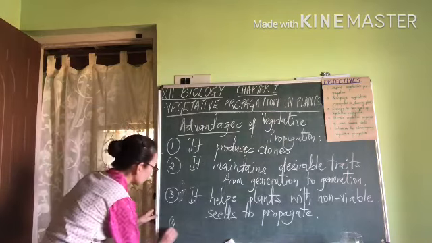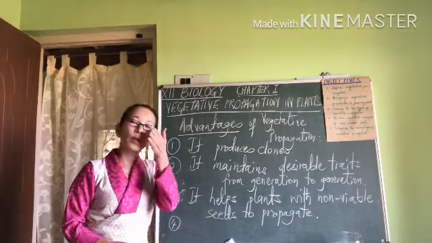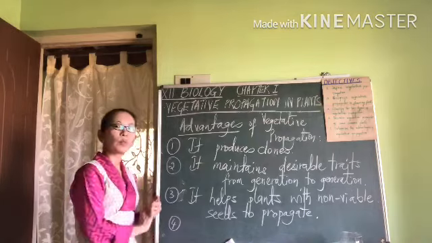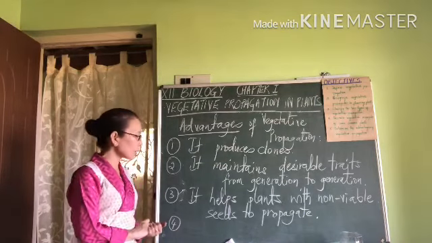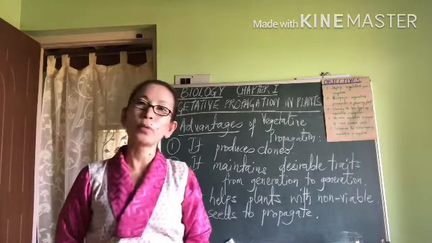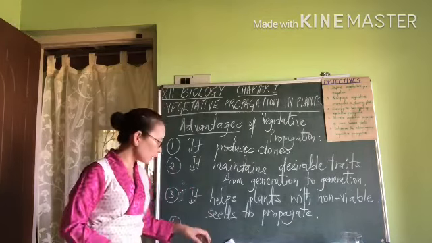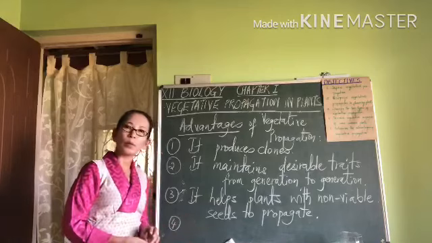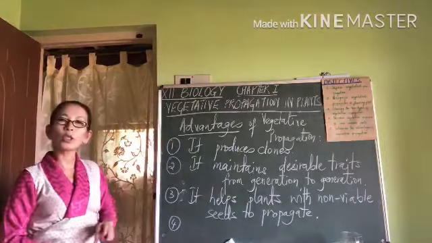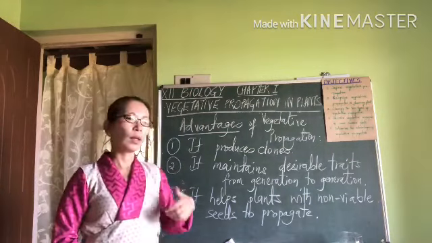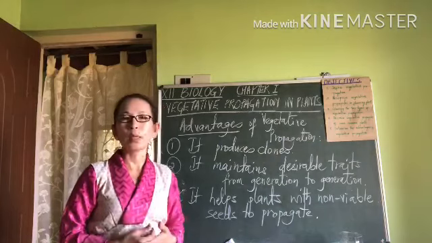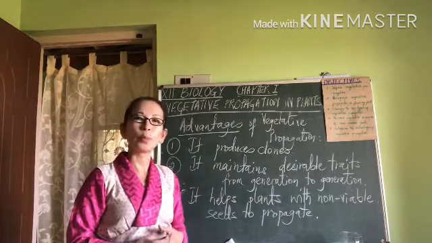And finally, vegetative propagation is a very simple mode of asexual reproduction in plants, and it's also an inexpensive way through which we can increase plant productivity, as well as a method which can give us new plants in a very short span of time. It's a very rapid method of propagation.